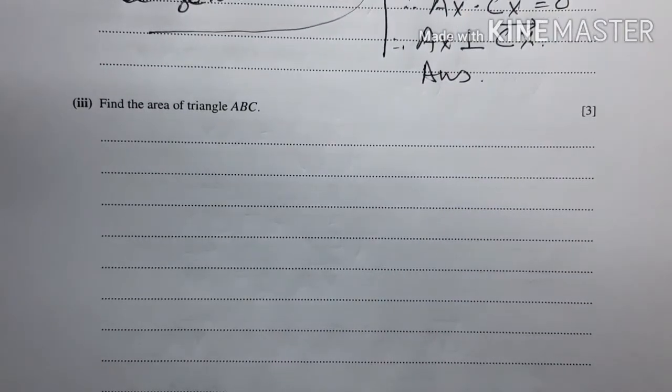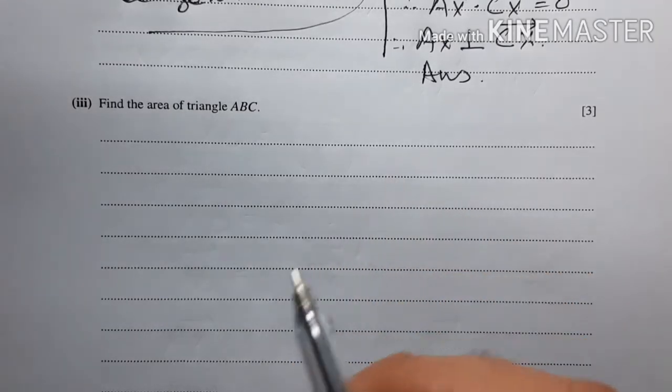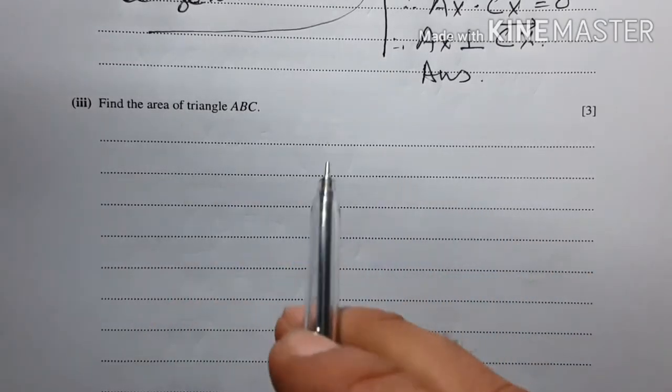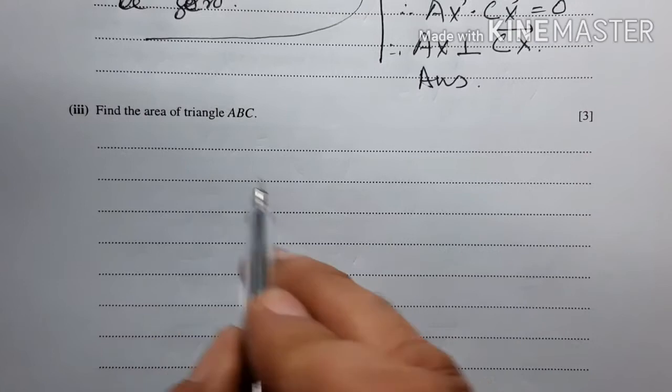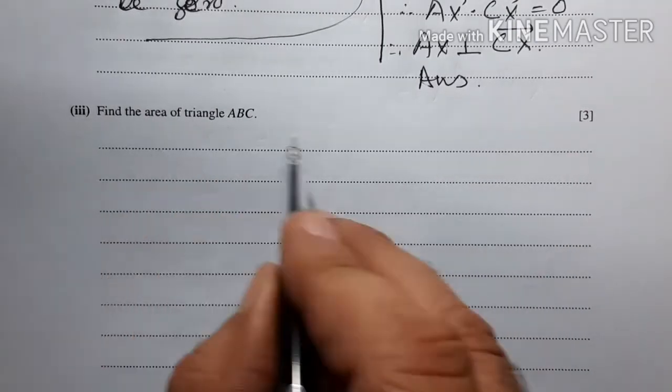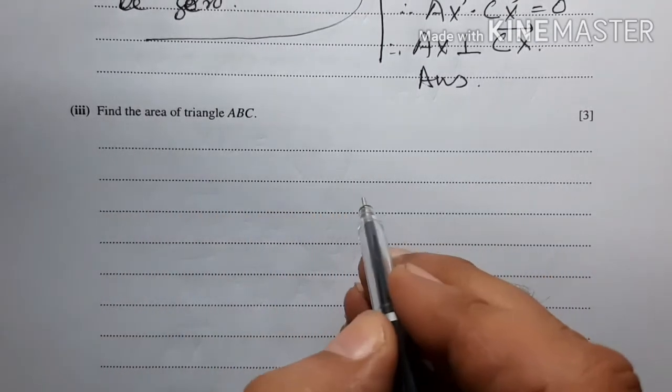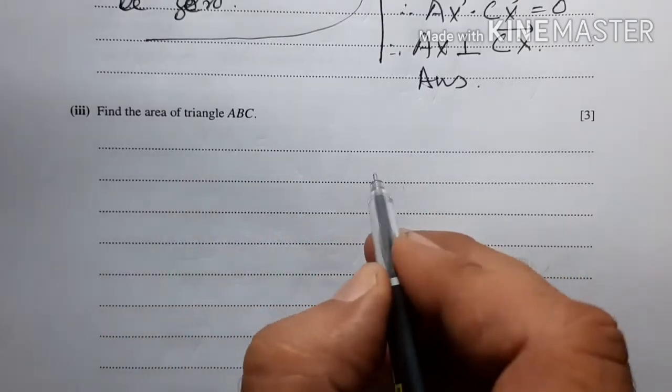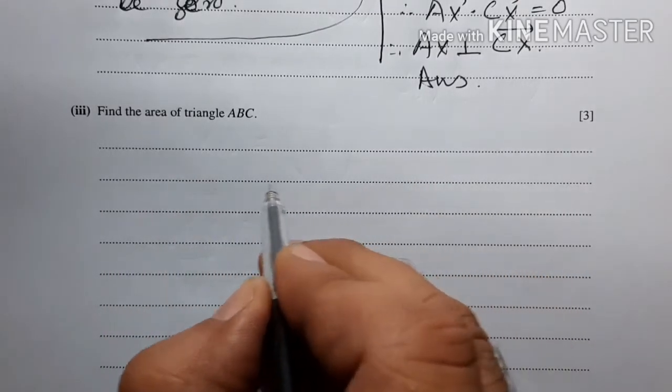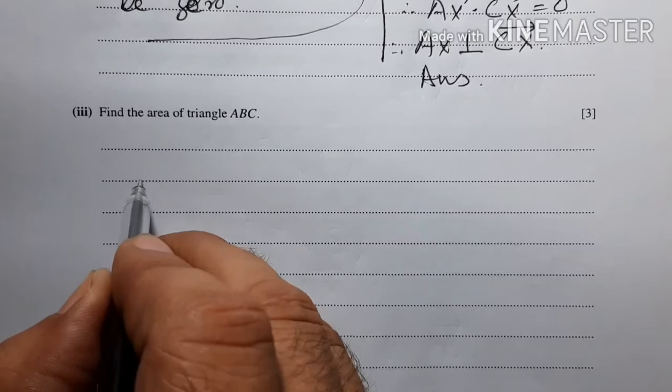Now, part 3: find the area of the triangle. From part 1, we know that AXB is a straight line, so I'll draw AXB here.